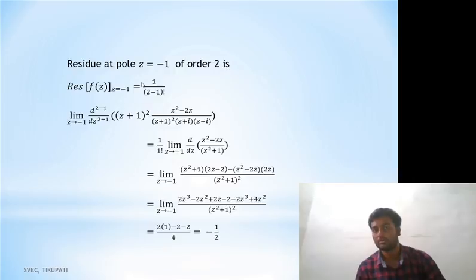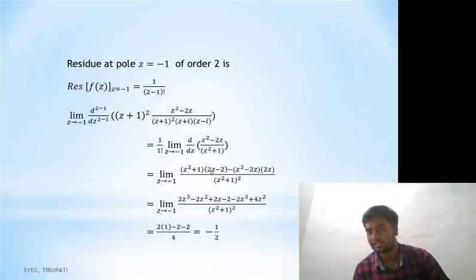now for order 2, you have to use the formula, which is 1 by 2 minus 1 factorial, so it is 1. So d power 2 minus 1 means it is the first derivative. First you cancel these terms, then it is u by v form: v into du, that is d by dz of z square, which is 2z minus 2, minus this term into d by dz of this, which is 2z.